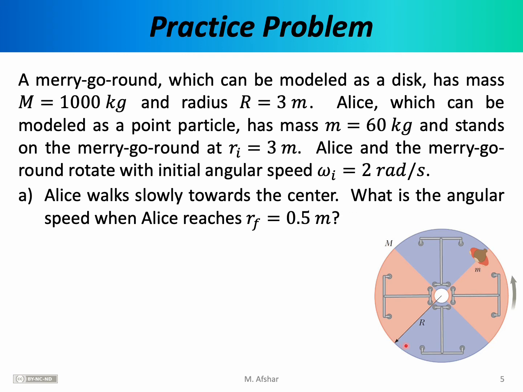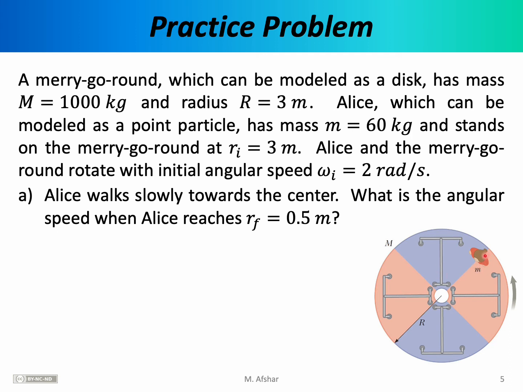Now, the merry-go-round itself is a relatively heavy disk. Alice, on the other hand, who's standing on the edge of this disk, is relatively light and also relatively small. So we will treat Alice as if she's a point particle when compared to the much larger merry-go-round. Initially, Alice and the merry-go-round are spinning together with an initial angular speed of 2 radians per second.